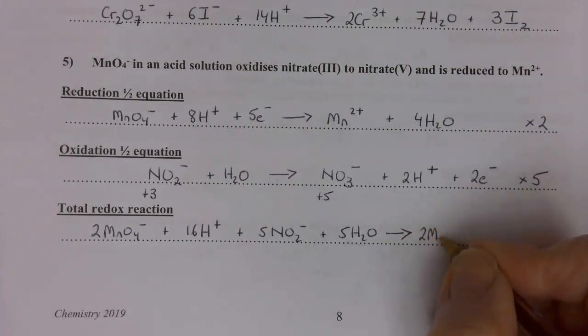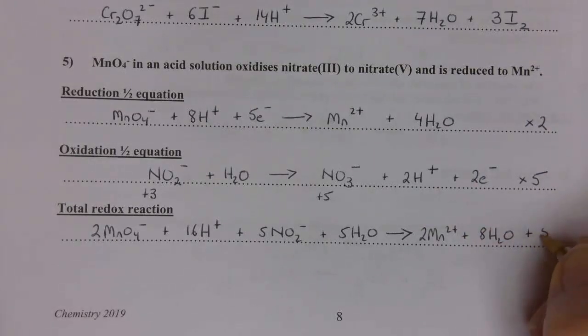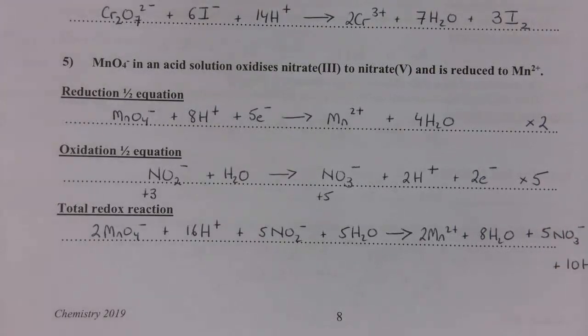Going to 2Mn2 plus 8H2O on this side plus 5, and I'm running out of room, NO3 minus plus 10H positives.